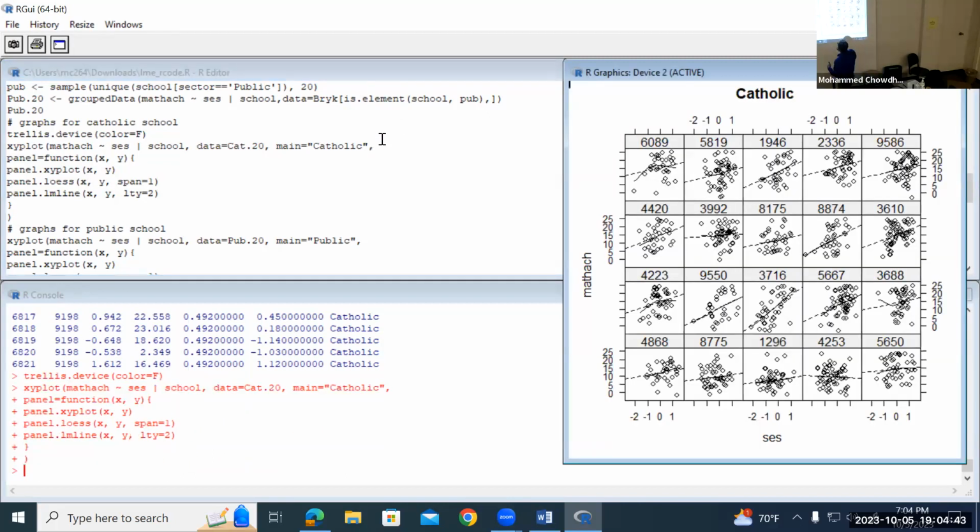Each panel is a scatter plot where the x-axis is the socioeconomic score and the y-axis is math achievement, and this is the school number, 4886. Its characteristics are like that, and that one is like that. This intercept is different from that intercept, right? And this slope is steeper compared to that slope, right?